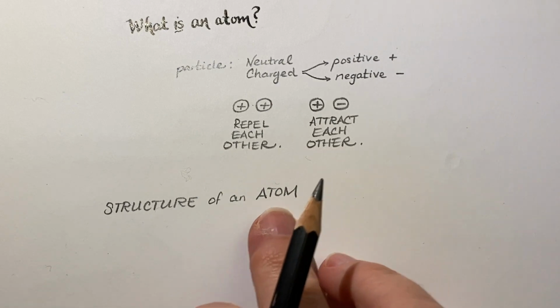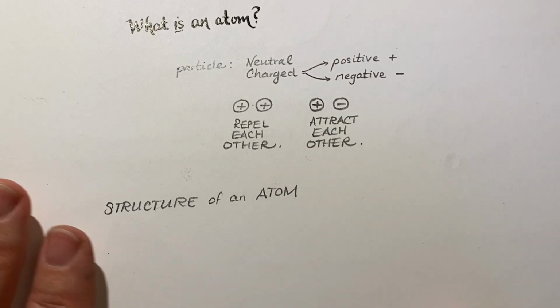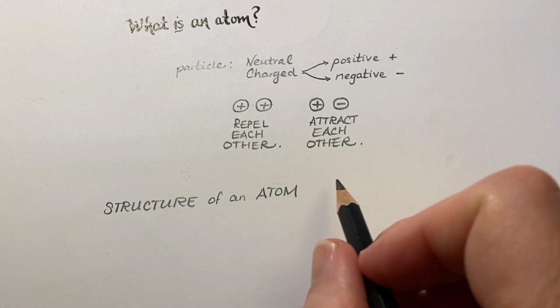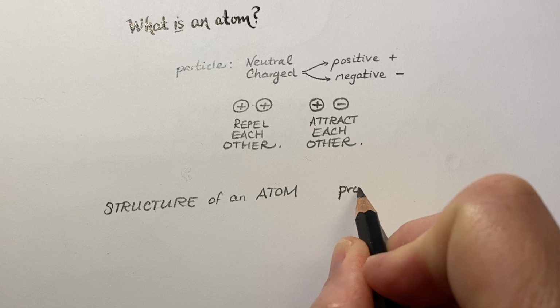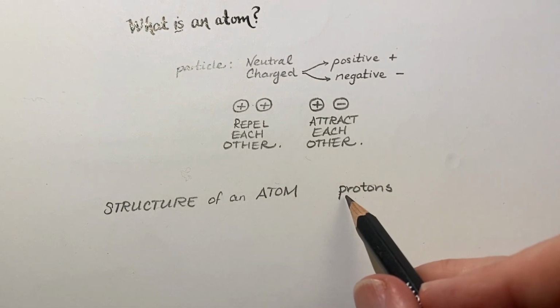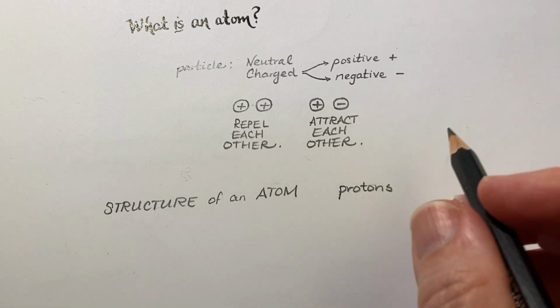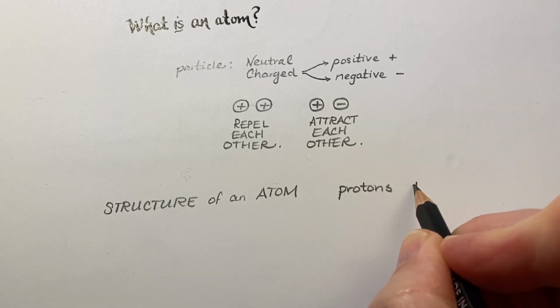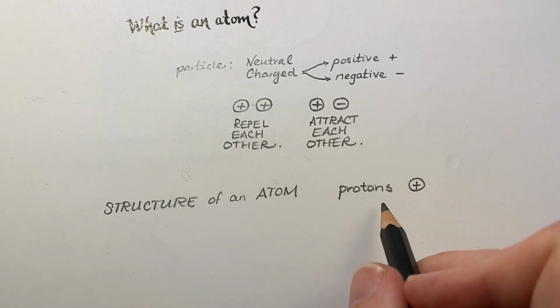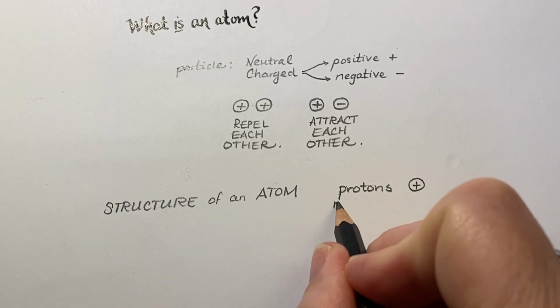So what we have are protons, protons are particles that are positively charged. We also have neutrons.